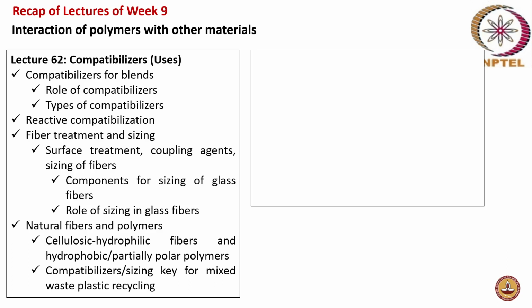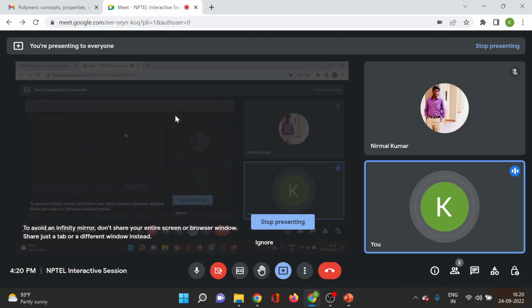And then compatibilizers or sizing as key for mixing the waste for plastic recycling, how different types and components of compatibilizers and these kinds of fillers play a very vital role in helping plastic recycling was all discussed, right?